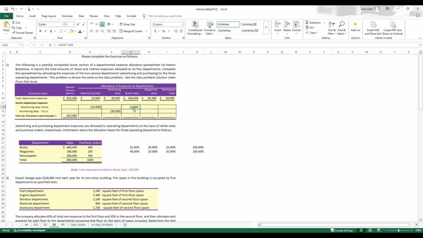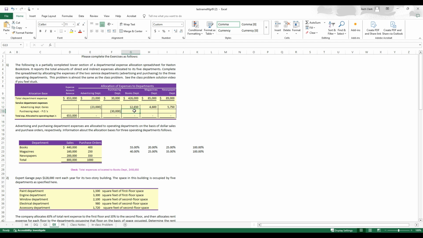the books department. I want to keep this formula the same, but I'm going to drag it across so it gets the different proportions. So I'm going to hit F4 to put my dollar signs in. Then I just drag that across, and you can see that it multiplies out that 23,000 each time.